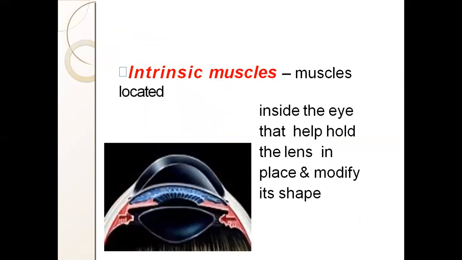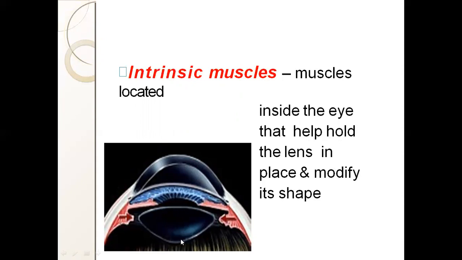Then the intrinsic muscles, the muscles located inside the eye, which help to hold the lens in place and modify its shape. What is the function of these intrinsic muscles? They hold the lens in place.